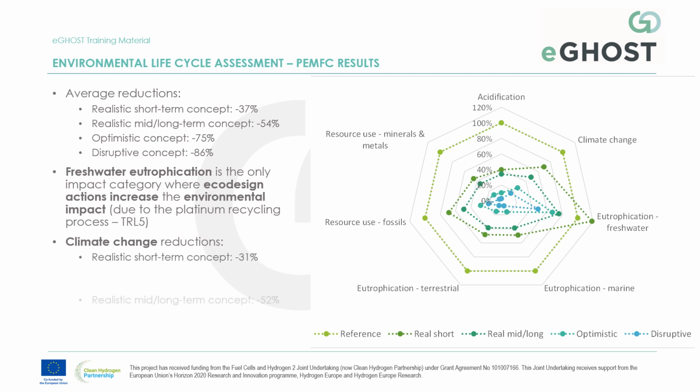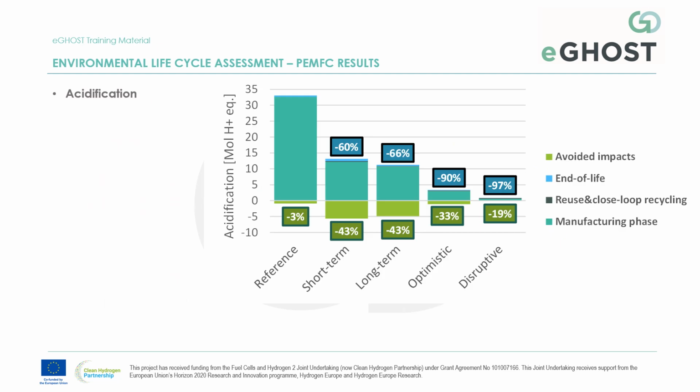For the climate change, the reductions are quite close to the average ones, but a bit lower, especially for the realistic concept. Now we have the results for each indicator separately.